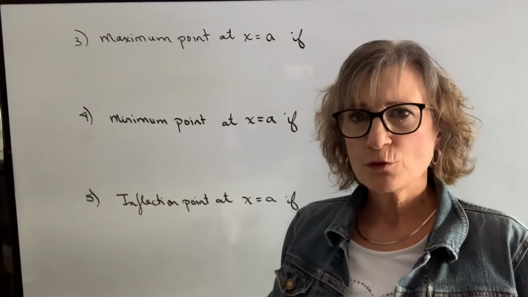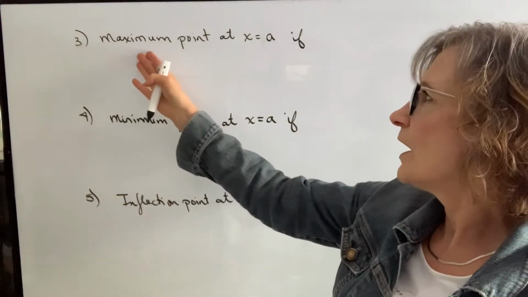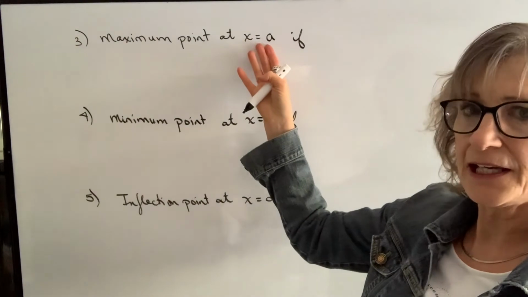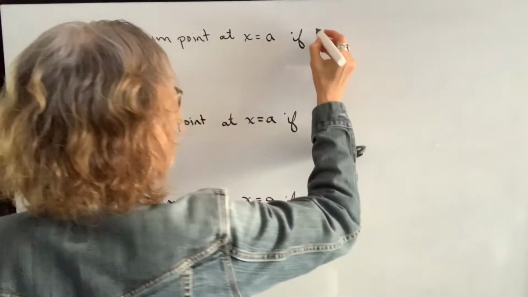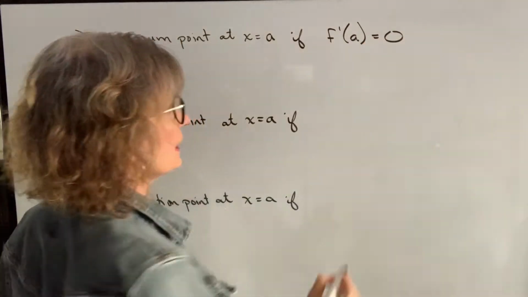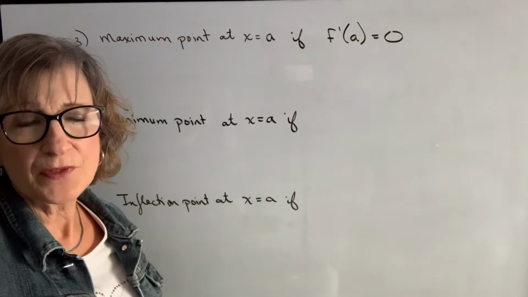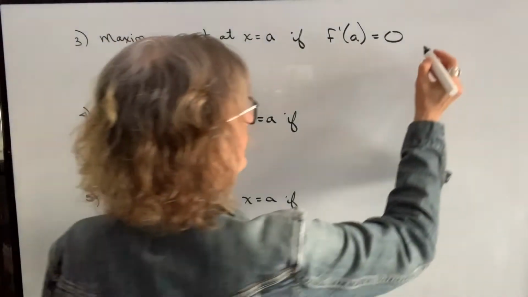And each of those points have two conditions. To summarize, we will have a maximum point at x equals a if the first derivative at that value equals 0. So that's one of the conditions. A maximum point has to have a derivative equal to 0, but there's another condition.